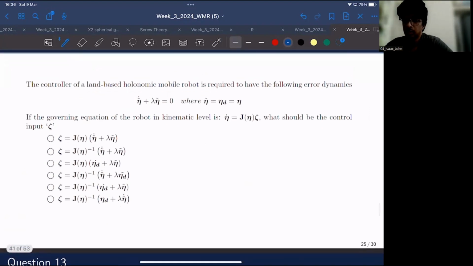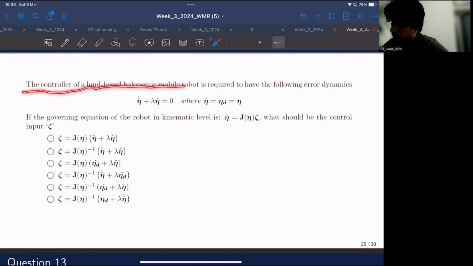This basically says the controller of a land-based holonomic mobile robot is required to have the following error dynamics. So we want the robot to track as per this law, so that as time tends to infinity, this error will asymptotically tend to 0.